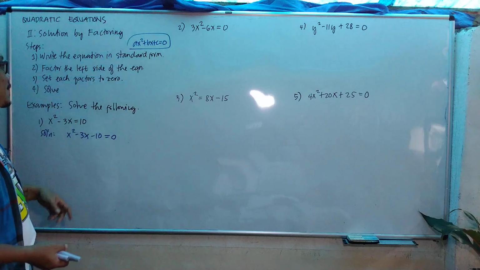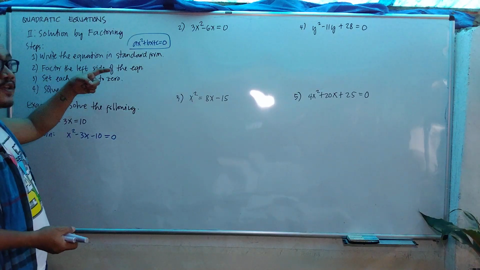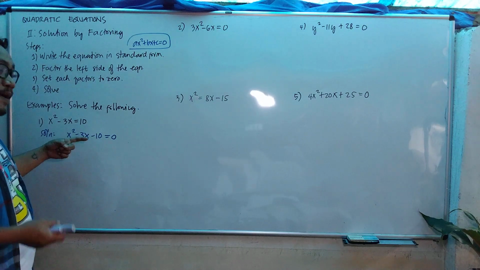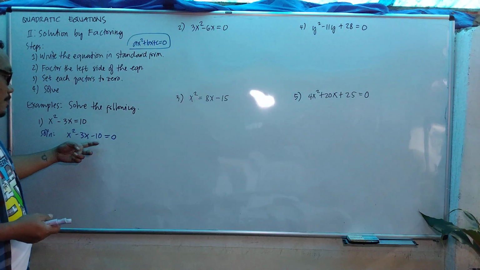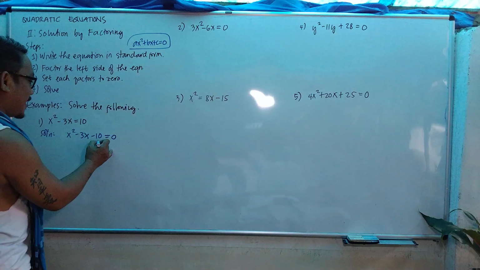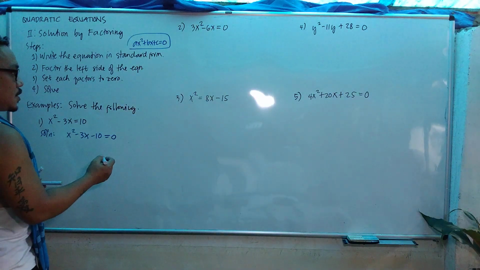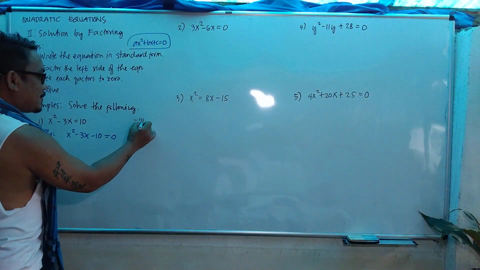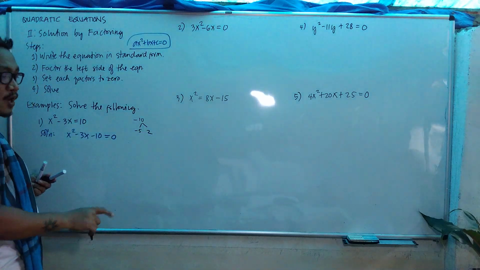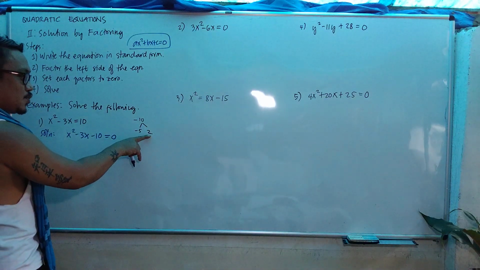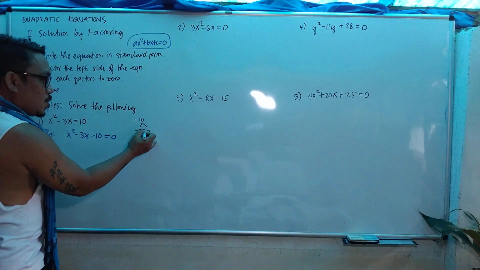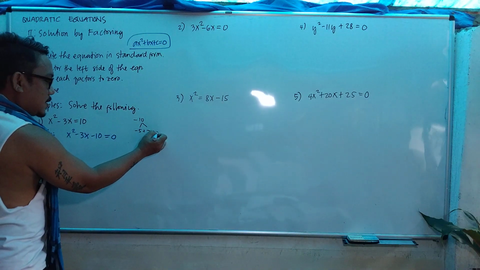Now, step 2. Factor the left side of the equation. This factoring is a trial and error method. By just looking at negative 10, the possible factors are negative 5 and positive 2, because negative 5 times 2 is negative 10, and negative 5 plus 2 is negative 3.